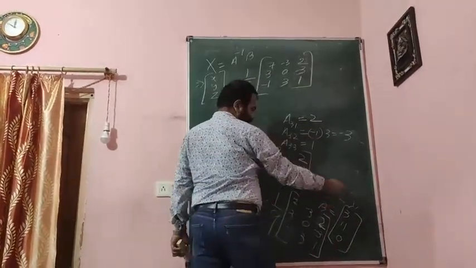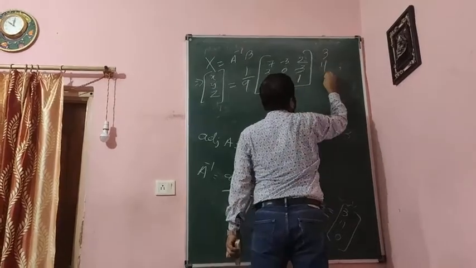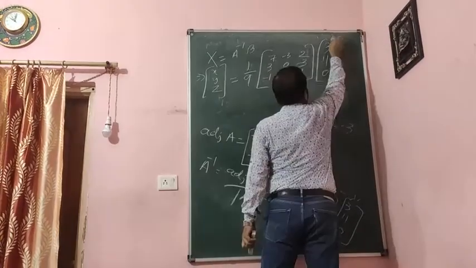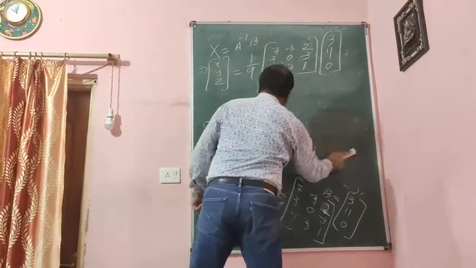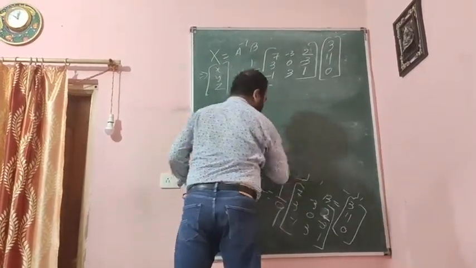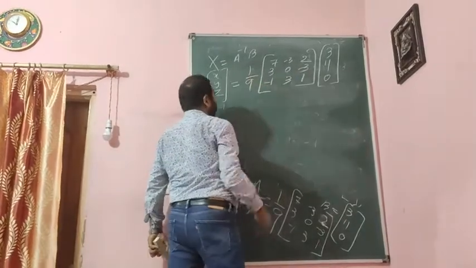This into B. B matrix is 3, 11, and 0. So now you multiply. After multiplication, you will get the result. First multiply, then divide by 9.